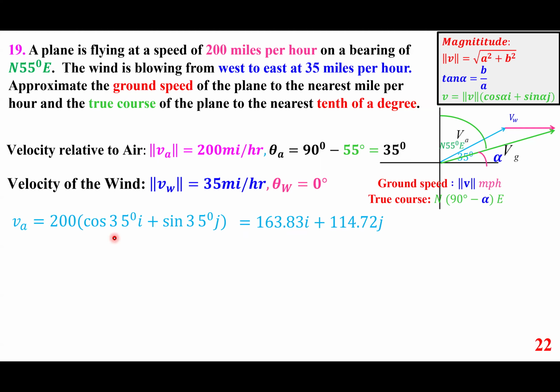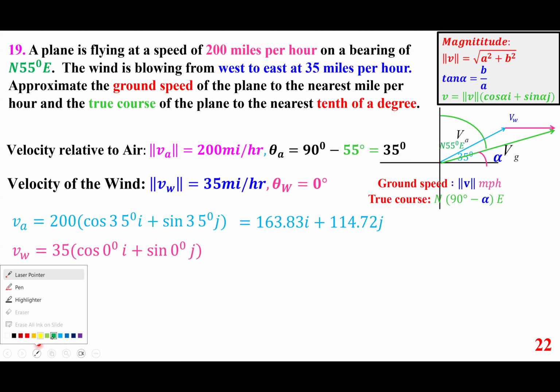We're going to do the same thing for the wind. And that we don't need a calculator because cosine of 0 is 1, sine of 0 is 0, so it's simply 35i.